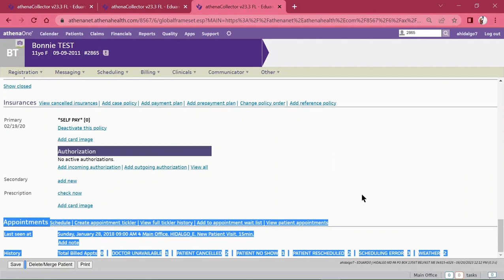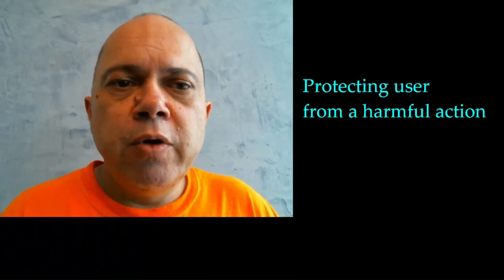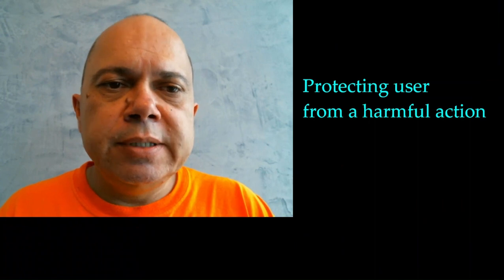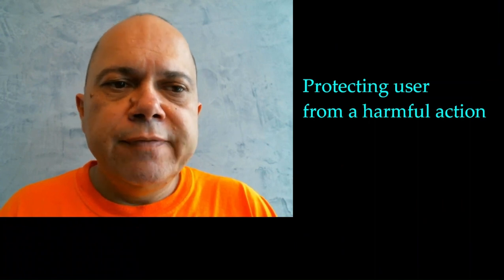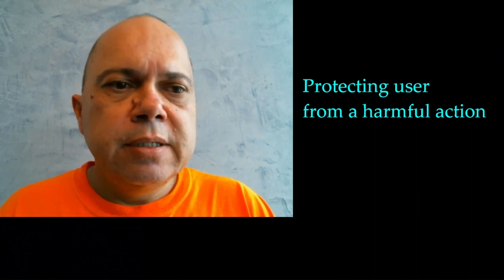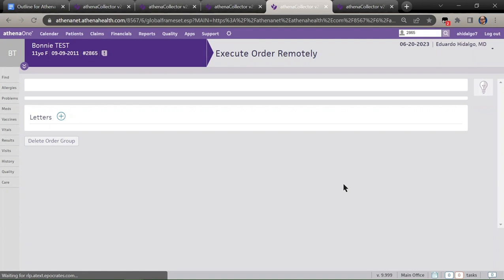But in this case, we can have our software read the last seen appointment and the upcoming appointment, and then do the right thing. So we're going to do that now inside of the same patient, Bonnie. I want to execute this order remotely for a prescription, and I'd love to know from this view, when was the patient last seen and when is the patient's next appointment?